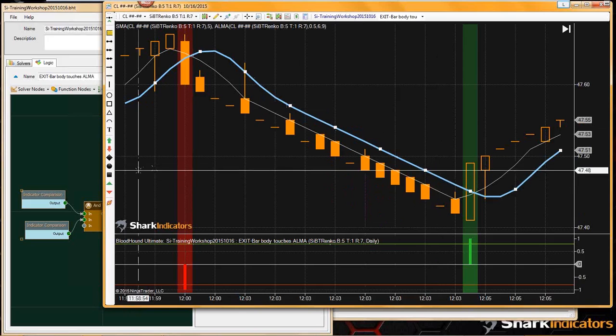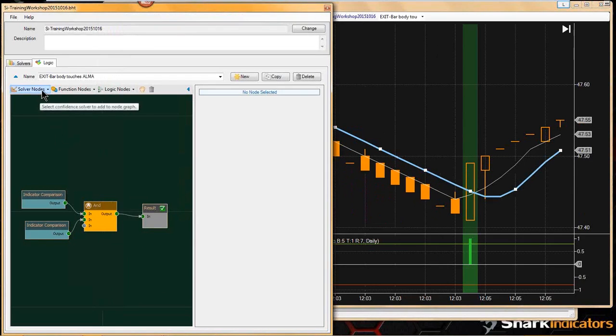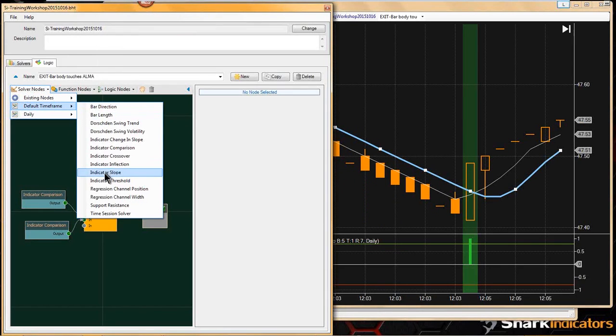So probably a much simpler exit logic would just be to use the inflection solver.